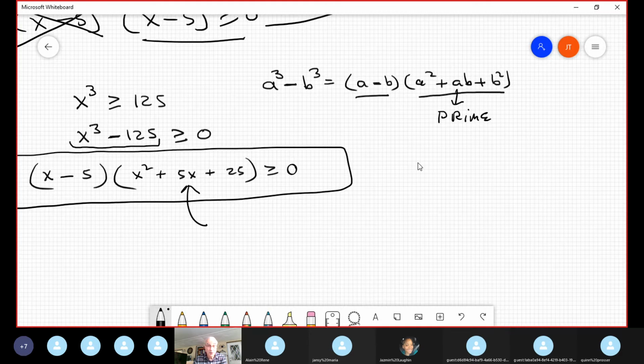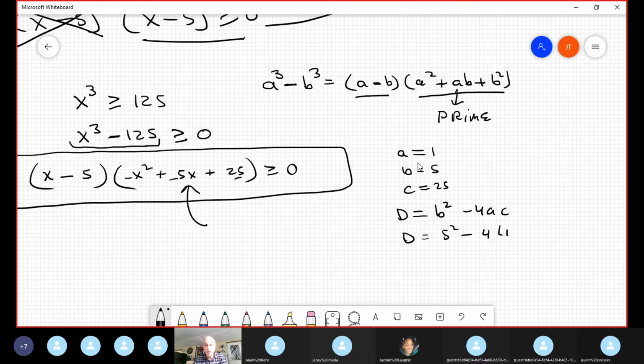Let me prove it. In this example, A is 1, B is 5, and C is 25. You apply the discriminant, which is B squared minus 4AC. The discriminant is 5 squared minus 4 multiplied by 1 multiplied by 25.